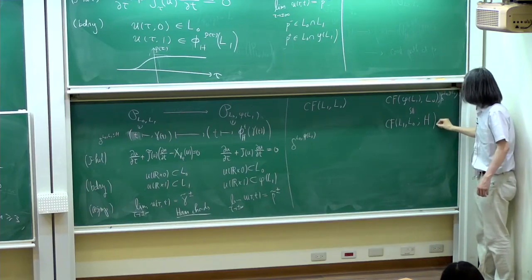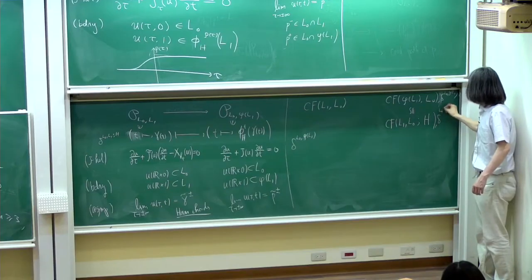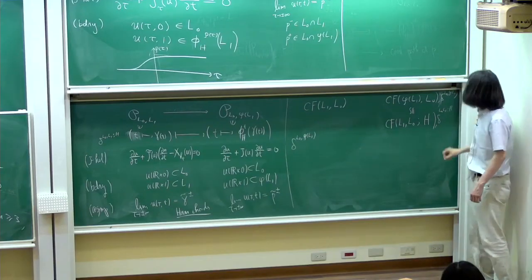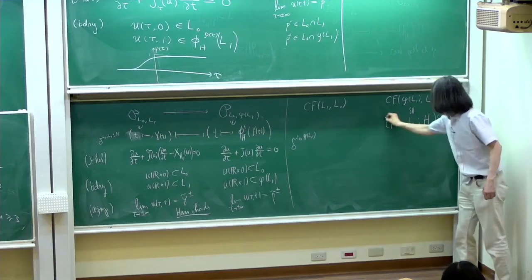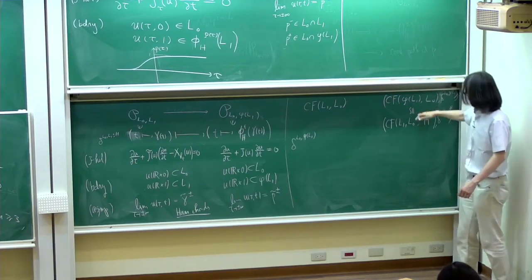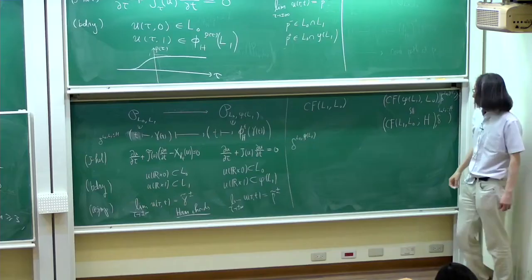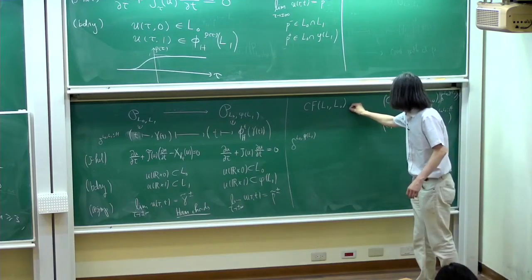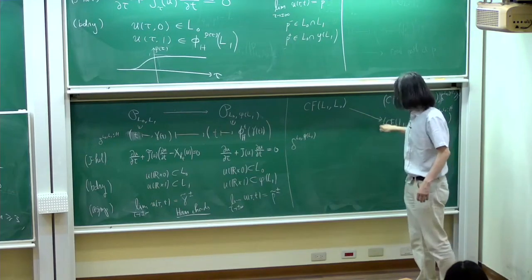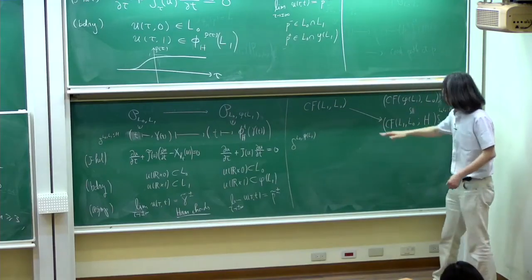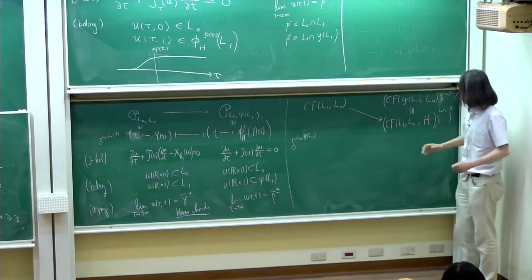And here, this is ∂ for L0, L1, and capital H. So you have this. So they are actually the same chain complex. So then it is enough to have a chain map from here to here, so that it becomes a chain homotopy equivalence.